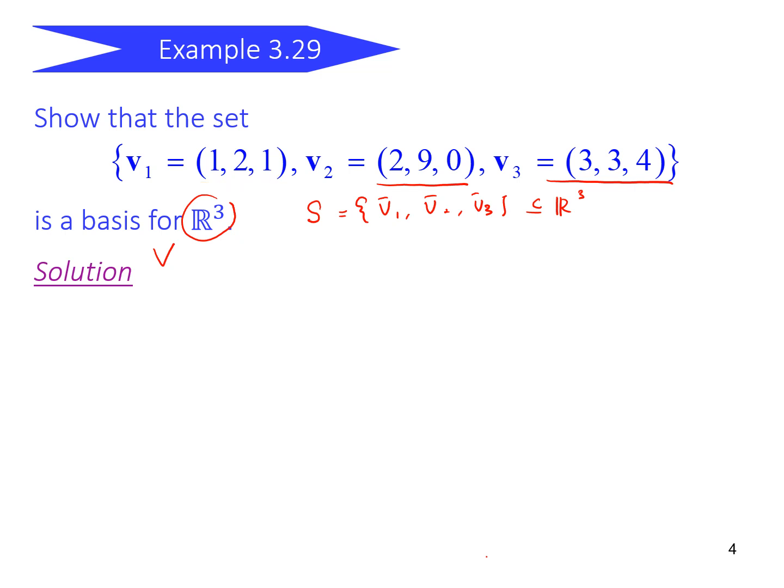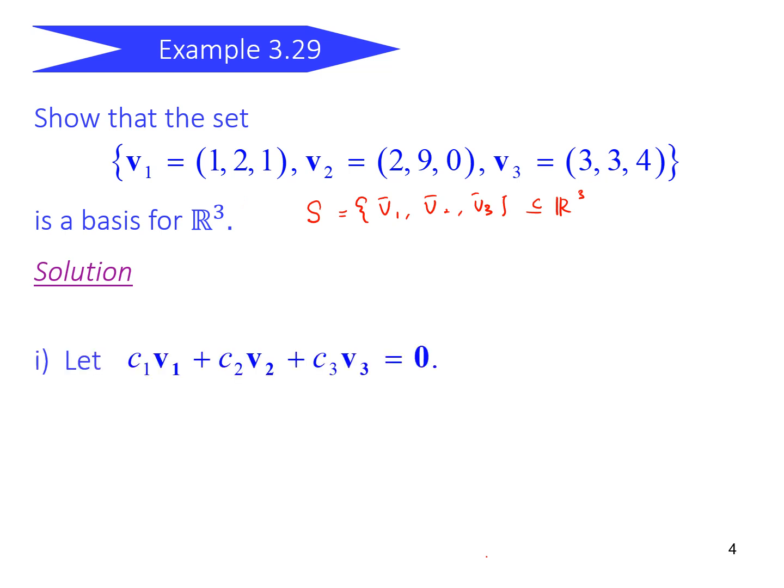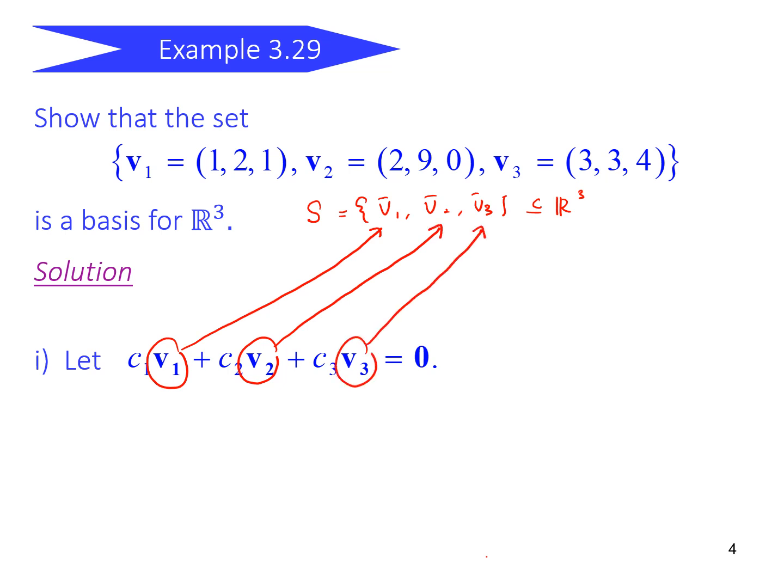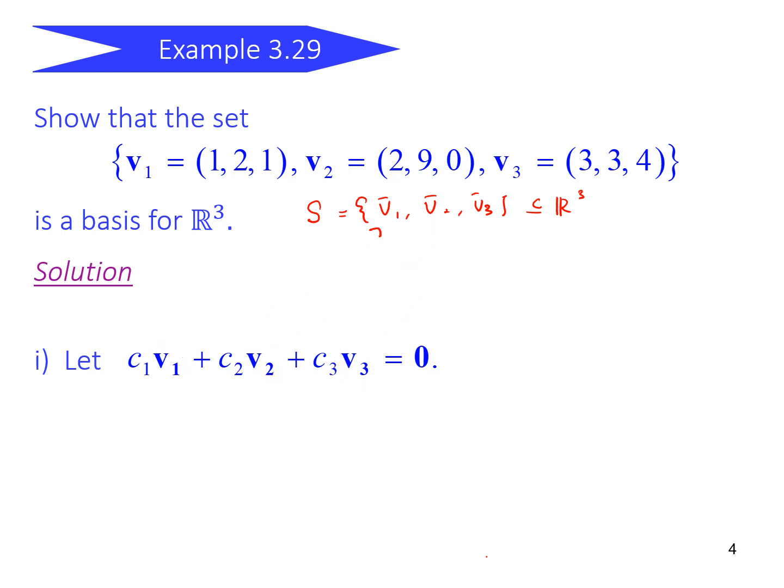To do that, we write this equation, where V1, V2, and V3 are from the set S, and the scalars C1, C2, and C3 are scalars that we are looking for. We have to find the scalars C1, C2, and C3.